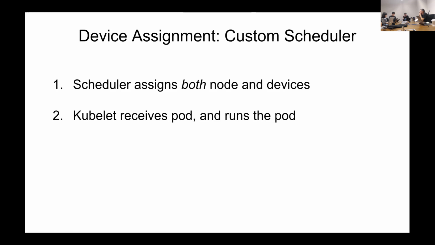So the kubelet only ever fills in devices that are not already assigned. And this is actually useful because pods undergo admission, for example, when the kubelet restarts. So when the kubelet restarts, it'll restart and see that it's running this set of pods, and the devices are already assigned, so it won't redo device assignment in that case.